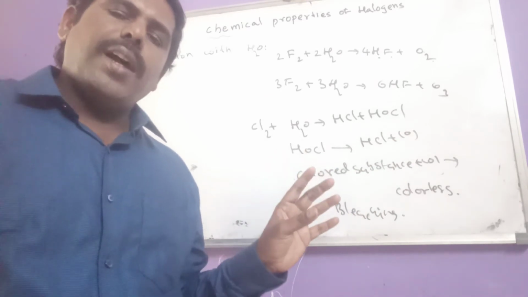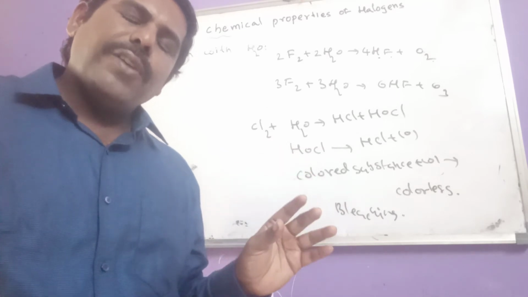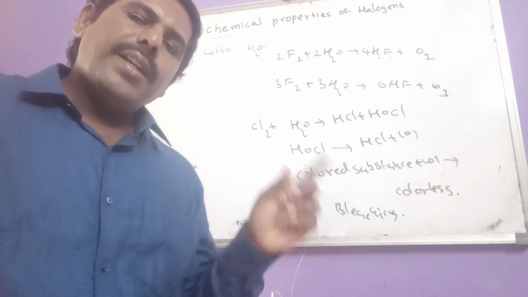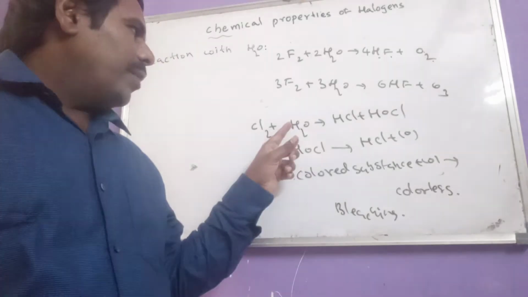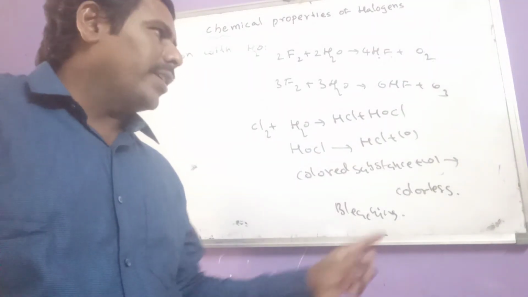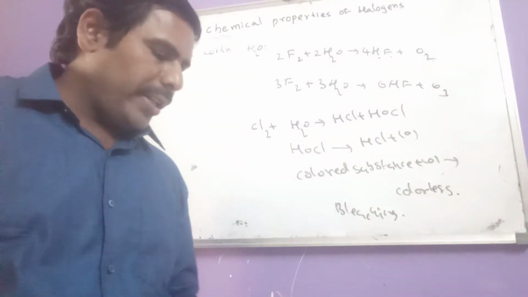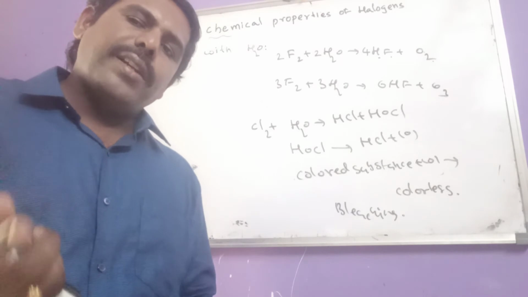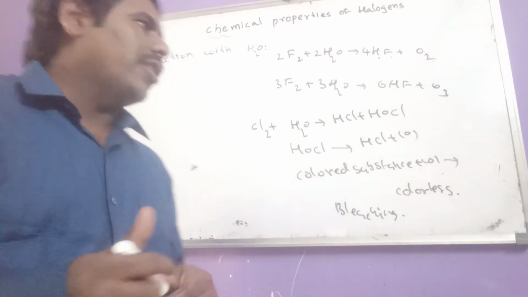We have to compare this with sulfur dioxide. Moist sulfur dioxide also acts as a bleaching agent, but by its reduction property, and moist chlorine also acts as a bleaching agent, but by its oxidation property. This is the difference between the bleaching action of moist SO2 and moist chlorine.